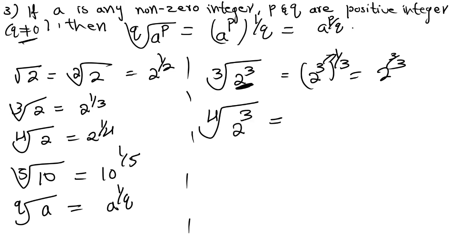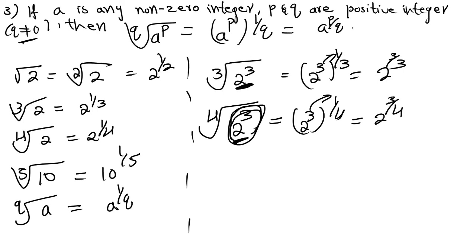Fourth root of a means a to the power 1 by 4, right? Take whole term as a. Fourth root of 2 means 2 to the power 1 by 4. Then fourth root of this number means that number to the power 1 by 4. Now multiply, a to the power mn. It's equal to 2 to the power 3 into 1 by 4 is 3 by 4.